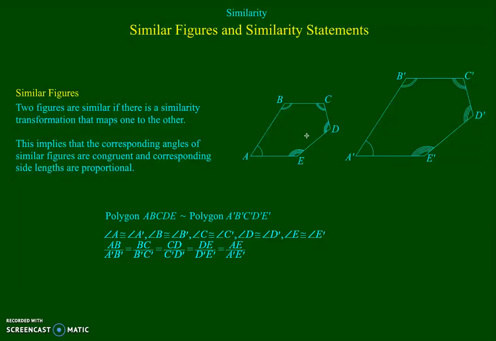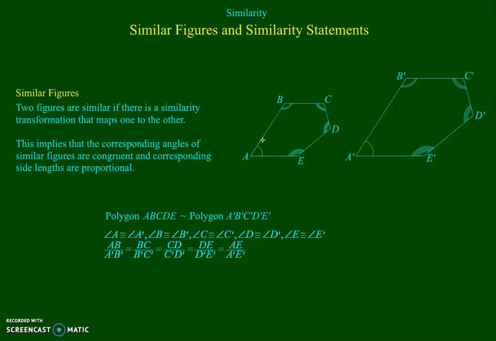The implication there is that the corresponding angles of similar figures are congruent, and the corresponding side lengths vary by a scale factor, a common scale factor. Now this brings up the additional idea that similar figures have proportional side lengths.